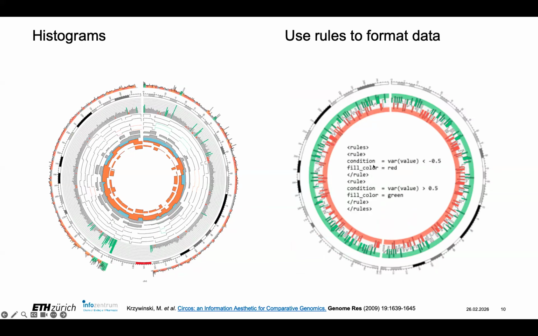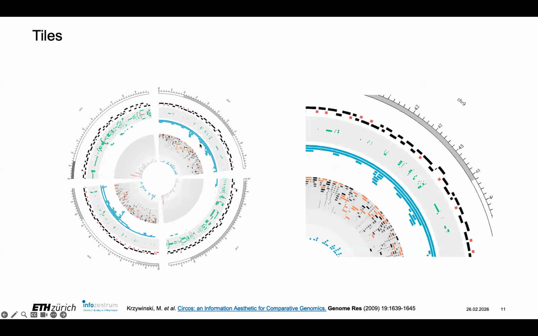I just define a rule that says the condition is if the value of some variable is less than minus 0.5, make it red. If it's greater than 0.5, make it green. So every new plot that you do will have different red and green, but it's rule-based definitions.